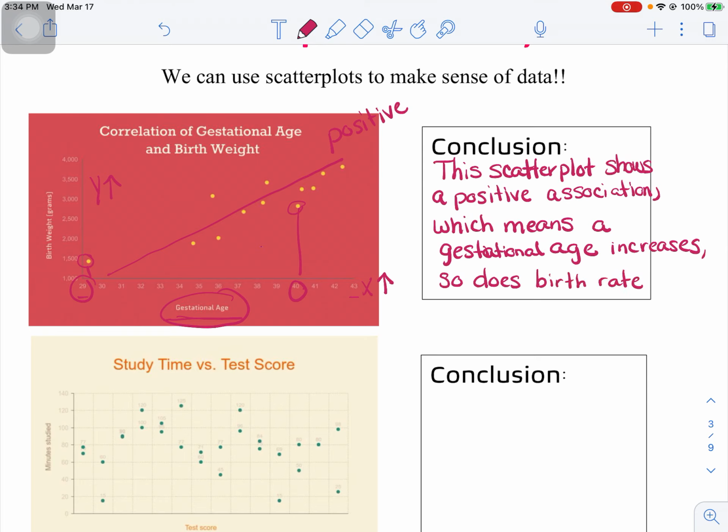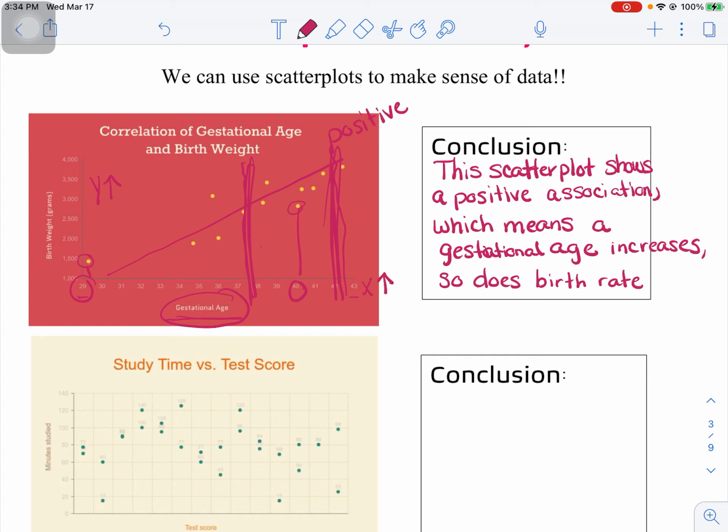Because most people, when they get around 38, around this interval, 38 to 42 weeks, usually have their babies. Or the doctors put them in the hospital to have their babies. So we can see as X is increasing, Y is increasing. We don't want to just say as X increases, Y is increasing.